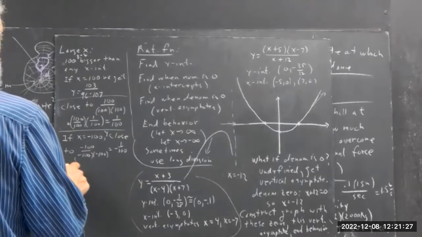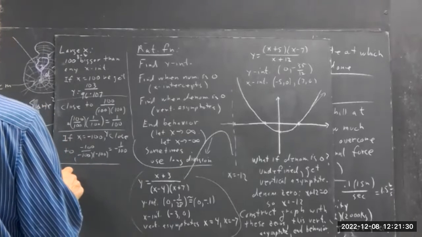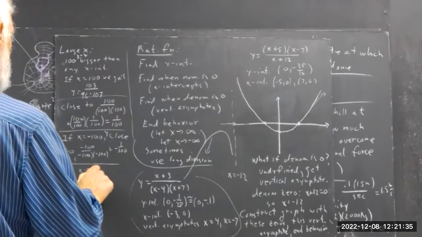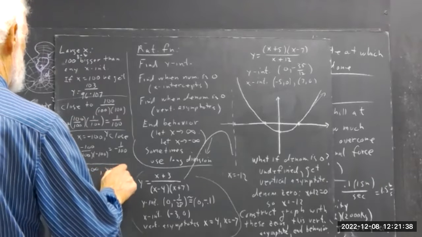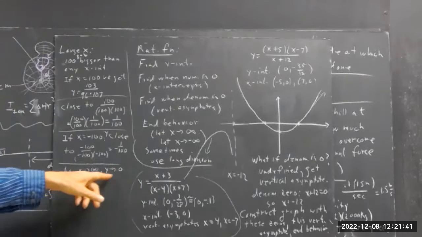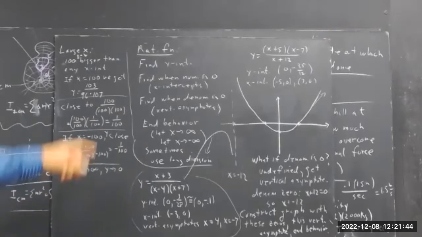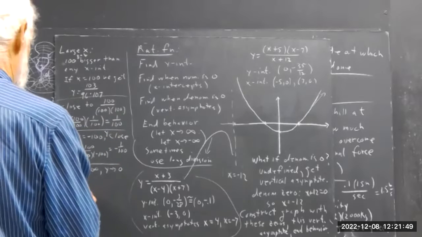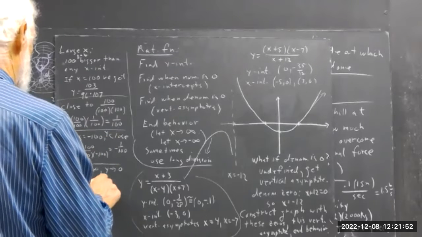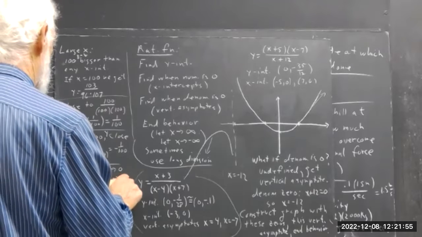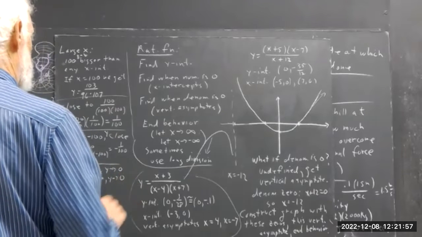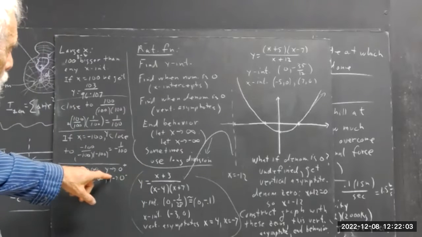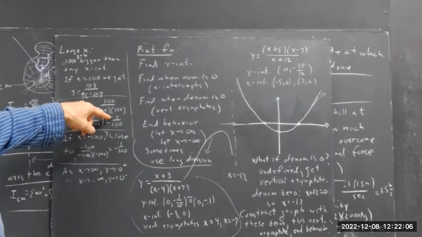Okay, so as X goes to infinity, Y goes to 0. Because the bigger the number we use here, the bigger our denominator and the smaller our fraction. Now I'm going to say as X goes to infinity, Y goes to 0, but it's always positive, right?